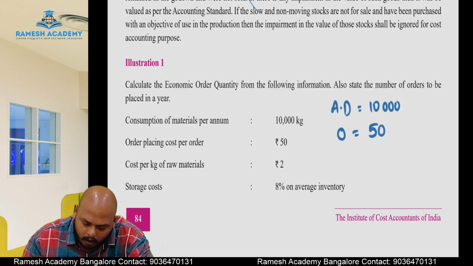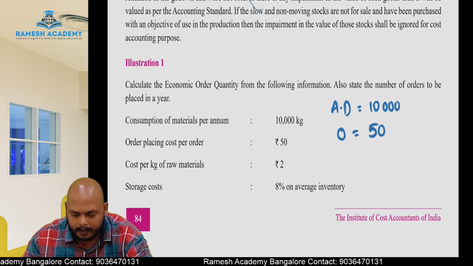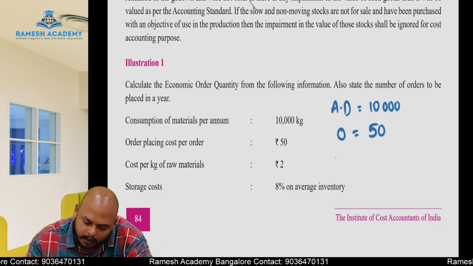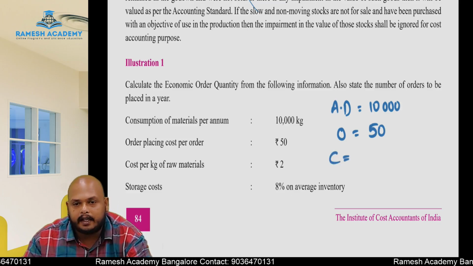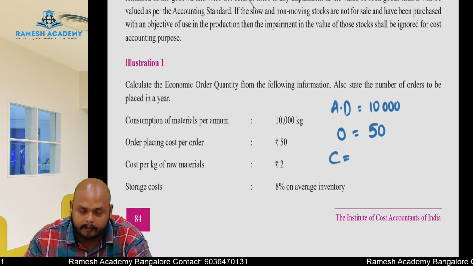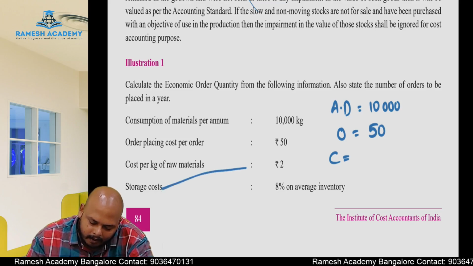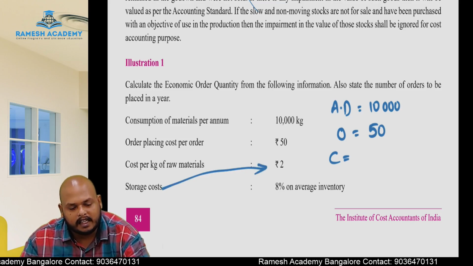Next, cost per kg of raw material. What is the cost per 1 kg of raw material? 2 rupees. Storage cost. Carrying cost is 8% on average inventory. Always, carrying cost is calculated on the cost per kg of raw materials. Storage cost is always calculated on what?